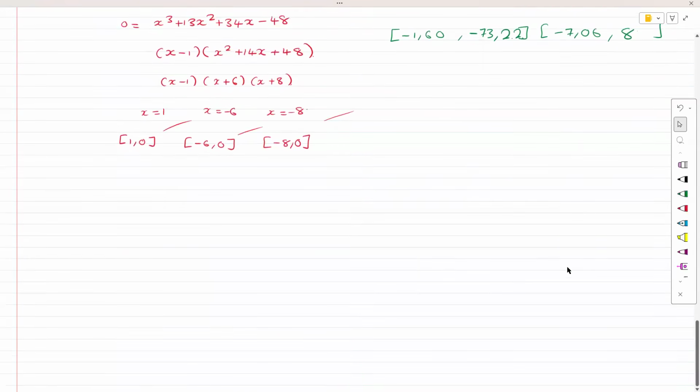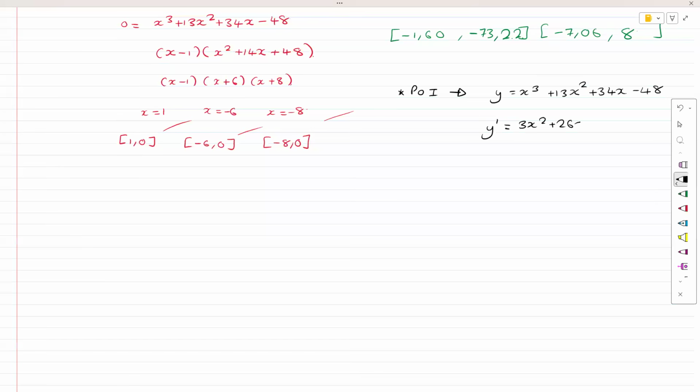Now what's going to happen is the last one, the one that helps with shape, would be the point of inflection. Now y equals x cubed plus 13x squared plus 34x minus 48. The first derivative was 3x squared plus 26x plus 34.